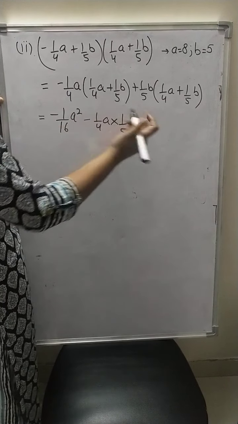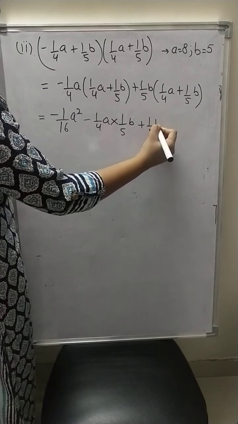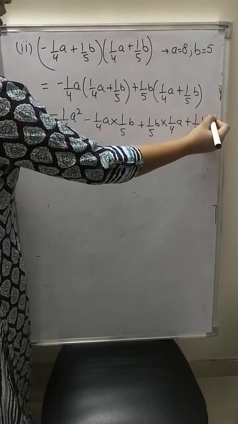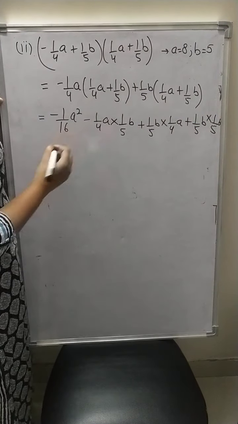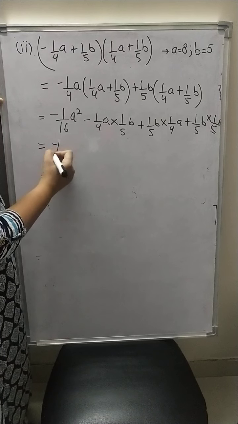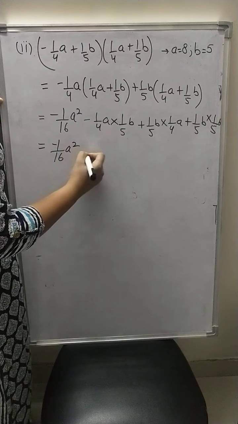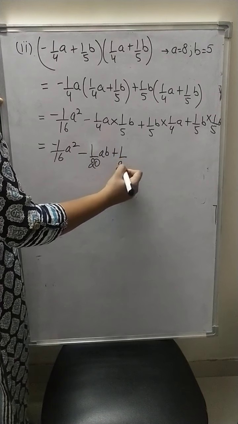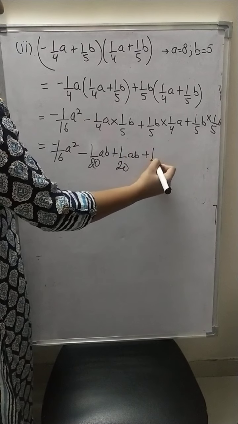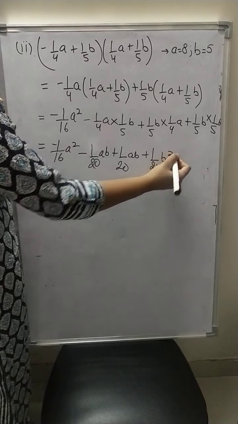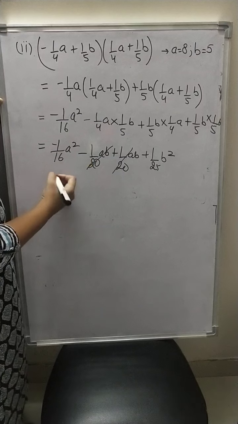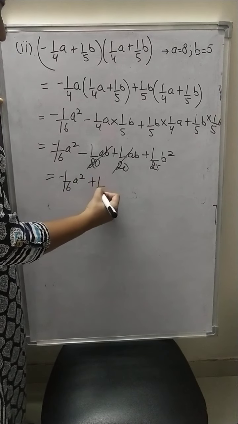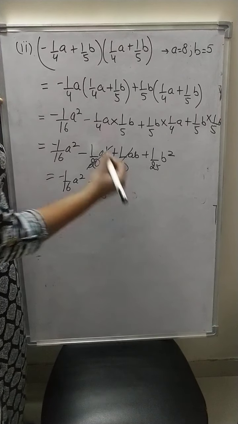I have written this step directly, plus 1 upon 5b into 1 upon 4a plus 1 upon 5b into 1 upon 5b. Now students, here minus 1 upon 16 a square minus 1 upon 20 ab plus 1 upon 20 ab plus 1 upon 25 b square. So these two terms will cancel.